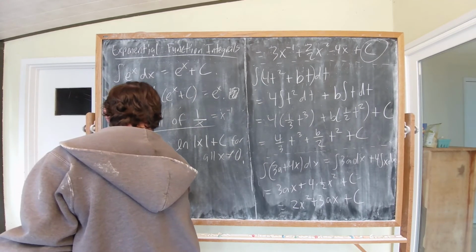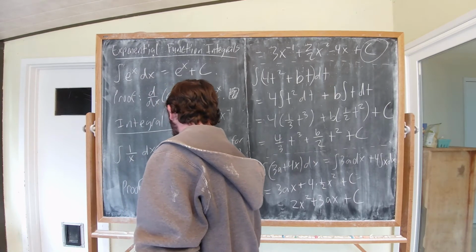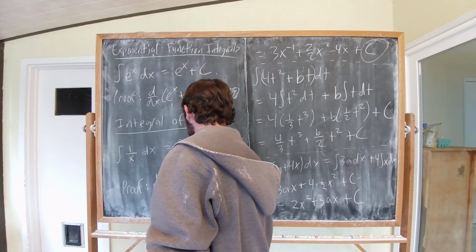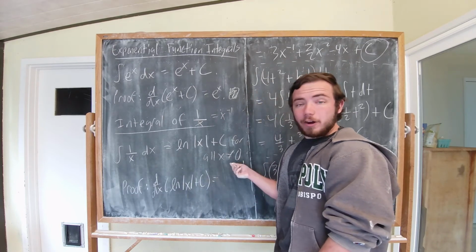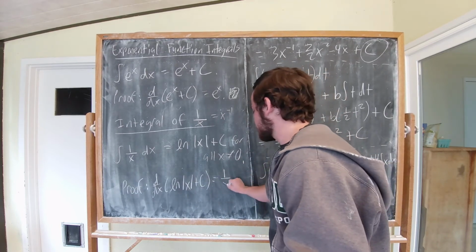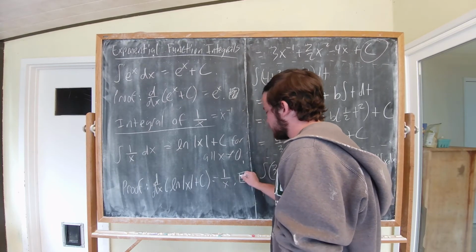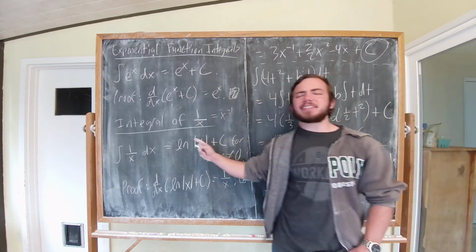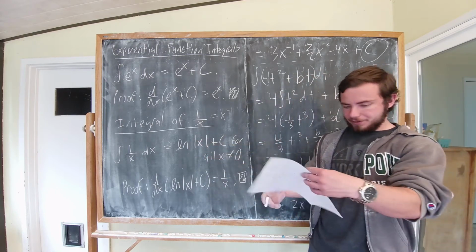Because the derivative of the natural log of the absolute value of x from our last video is 1 over x. So if we integrate 1 over x, it breaks the pattern for the power rule and gives us natural log of x.